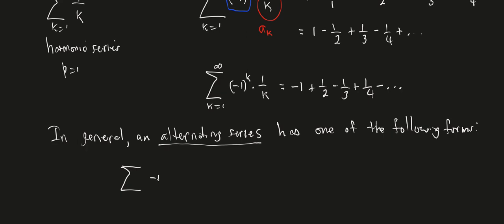But it's basically either -1 to the k times a sub k, or -1 to the k plus 1 times your a sub k. And we're going to assume that our a sub k's are still positive. So if you strip away the plus or minuses, you're going to be left with all positive terms.